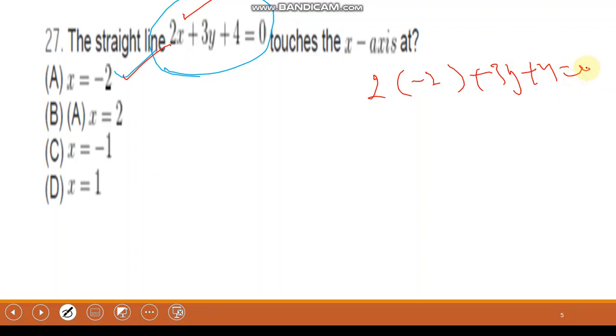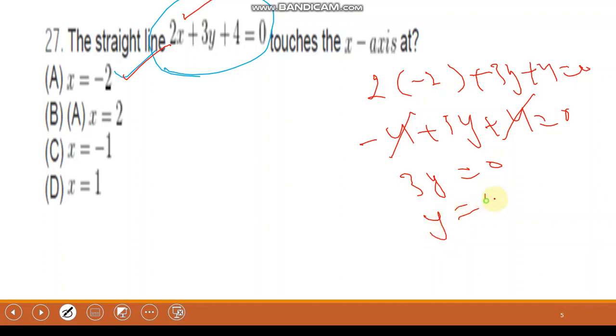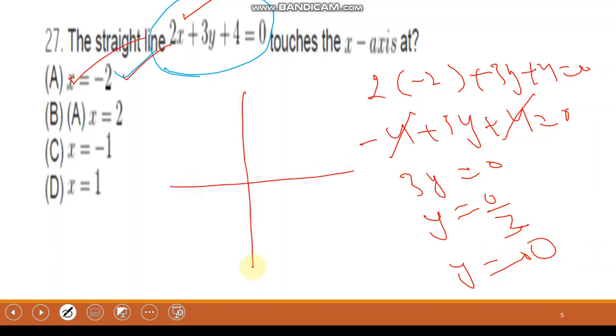This will become minus 4 plus 3y plus 4 is equal to 0. This cancels out. 3y is equal to 0. y is equal to 0 by 3. y equals 0. So I think this is the right answer and it will come here. 0, 1, 2, 3, minus 1, minus 2, minus 3. So this is a straight line which is going through the x-axis, and here y is equal to 0.